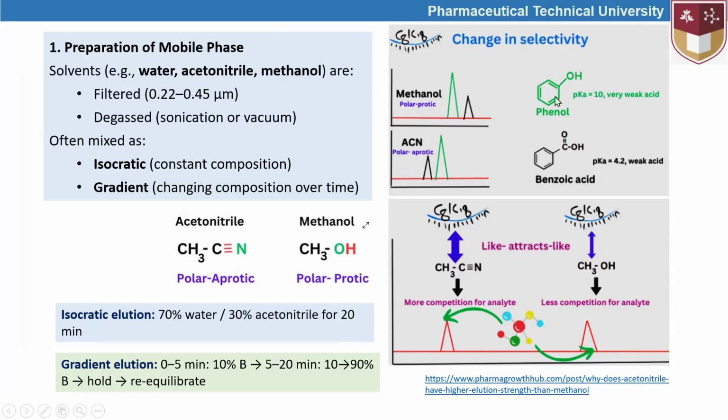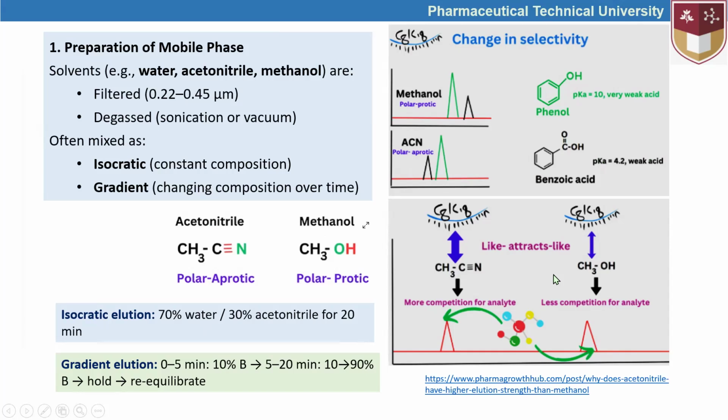Here the pKa is expected to be 10, a very weak acid. So if we elute the mixture of these two compounds by using acetonitrile, the release of phenol is expected to be faster than benzoic acid.